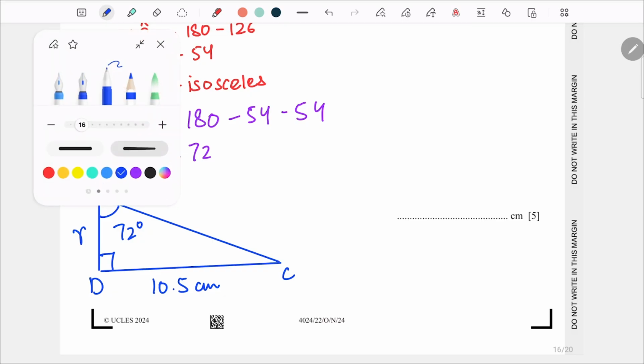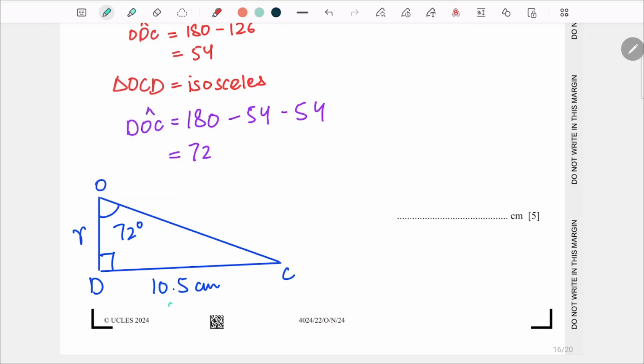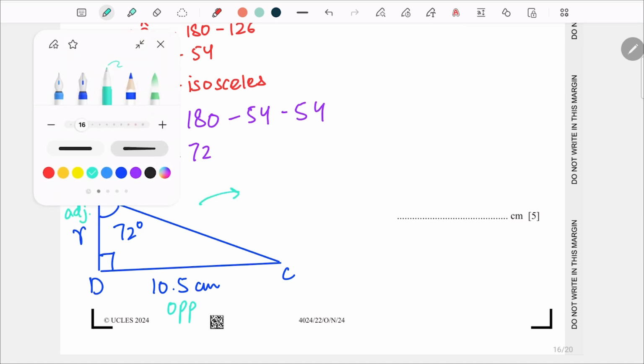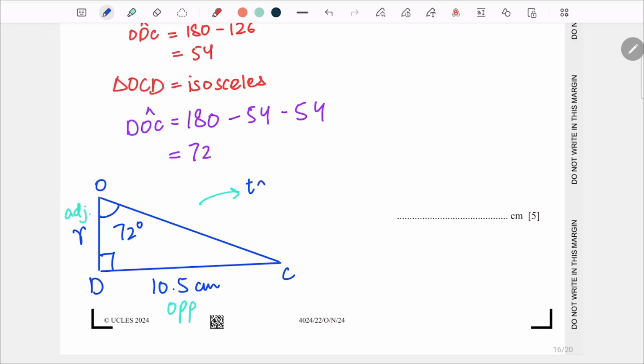Now this side is opposite to angle O, and this side is adjacent to O. So I'm going to be using trigonometric ratio tan to solve this. Tan 72 is equal to opposite, that is 10.5, divided by adjacent, that is R. And R will be 10.5 divided by tan 72.